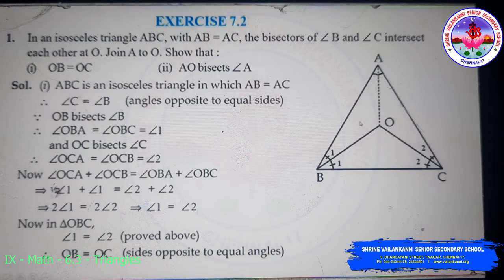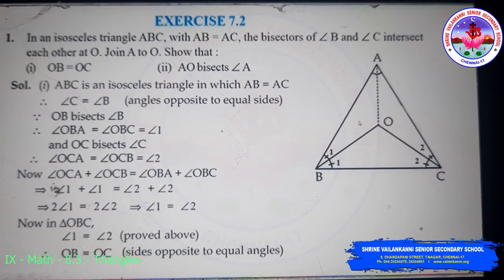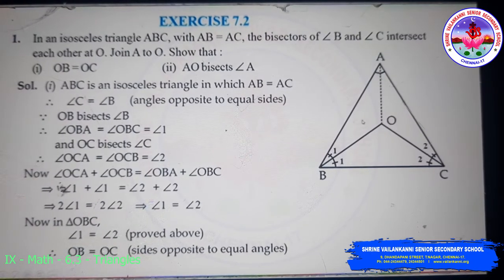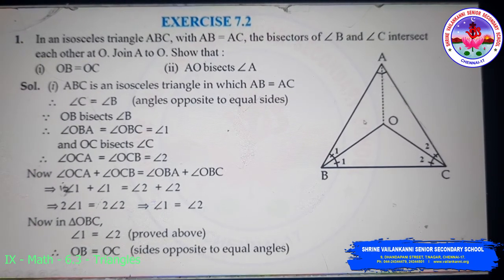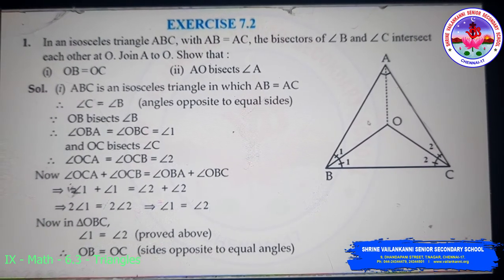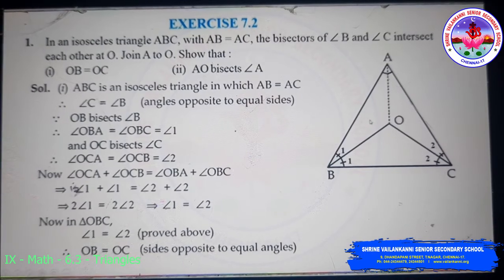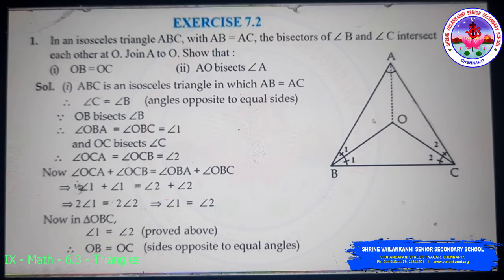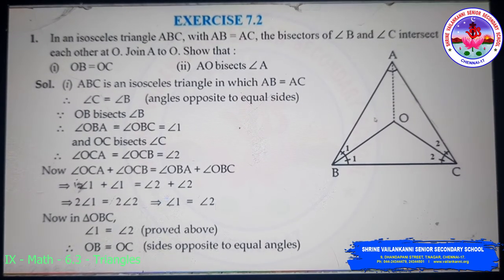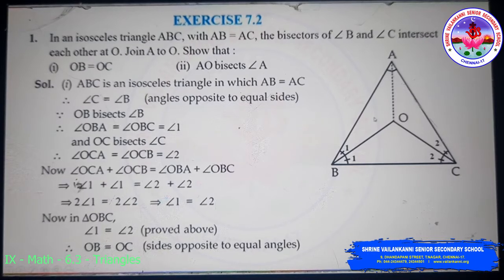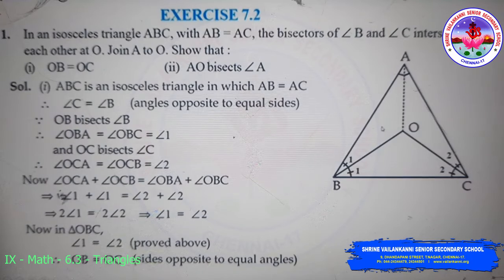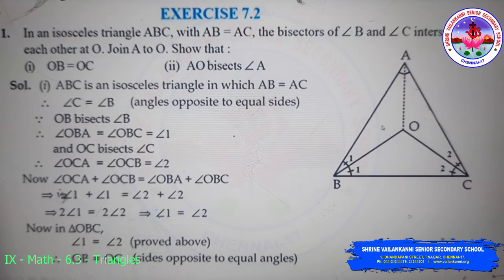Now coming to exercise 7.2, first problem. In an isosceles triangle ABC with AB equal to AC, the bisectors of angle B and angle C intersect each other at O. Join A to O. Show that OB is equal to OC and AO bisects angle A. Now coming to the solution, ABC is an isosceles triangle in which AB is equal to AC.